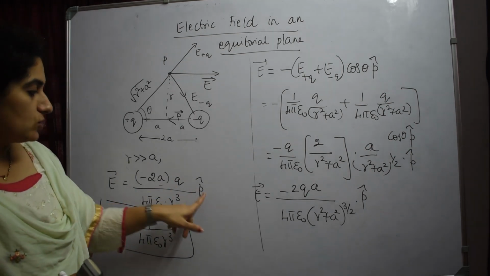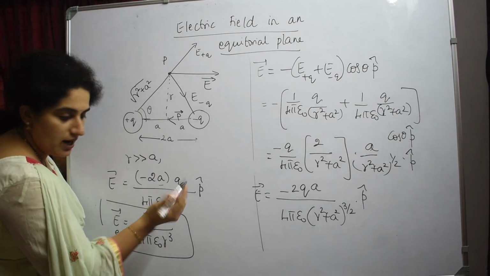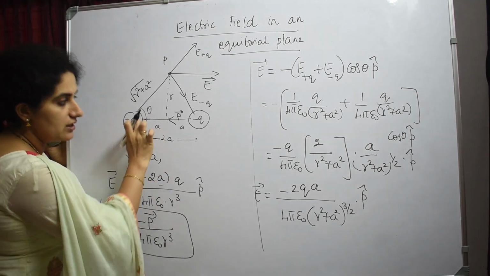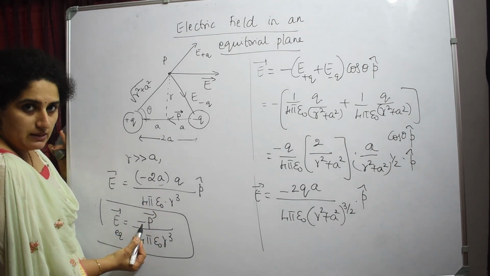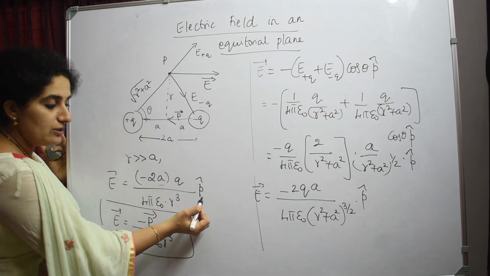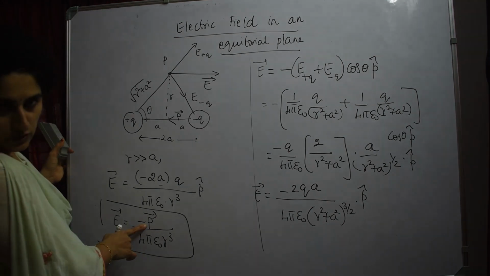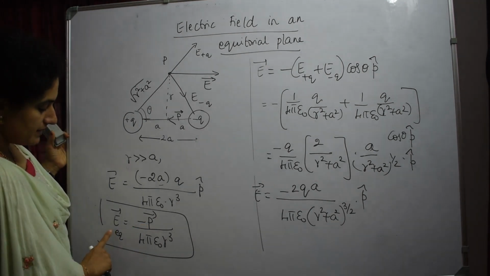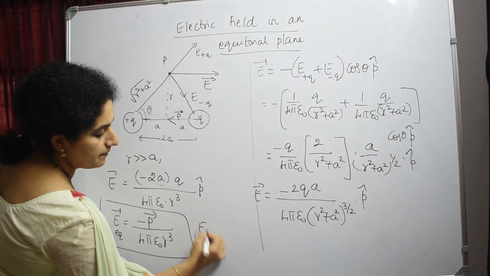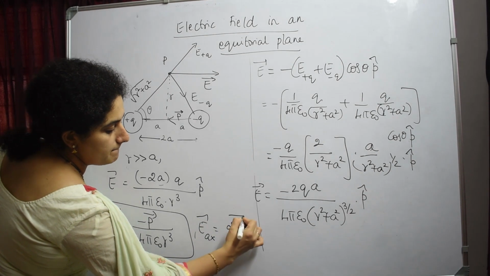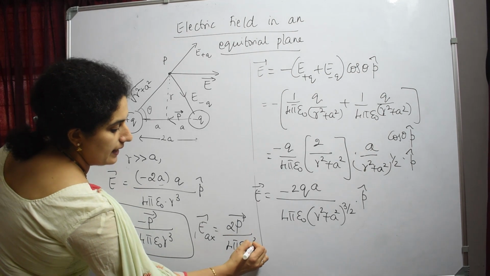Okay. P into this unit vector will give you the dipole moment. So the product of any one of the charges and the distance of separation between the two charges will give you the dipole moment, represented as capital P vector. P into P cap will give you vector notation P. Okay, so remember that for equatorial it is just minus P. For axial it will be 2p divided by 4 pi epsilon naught r cube.